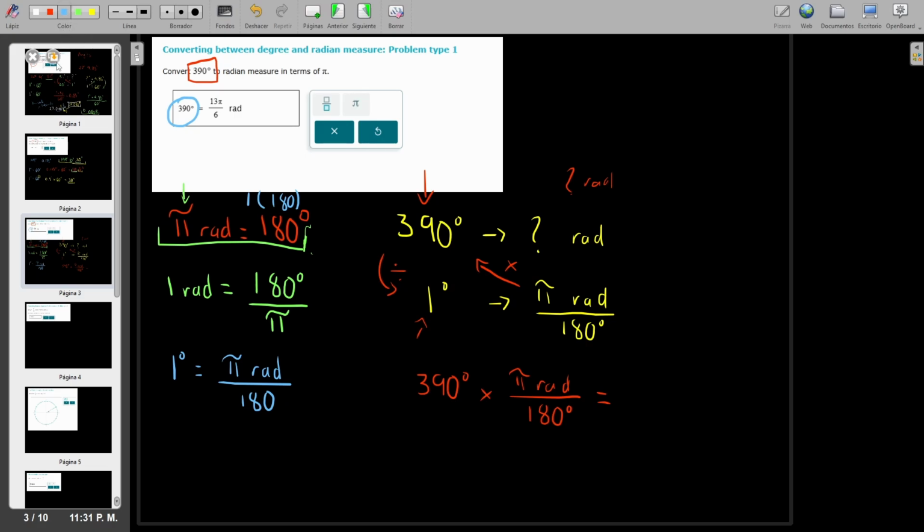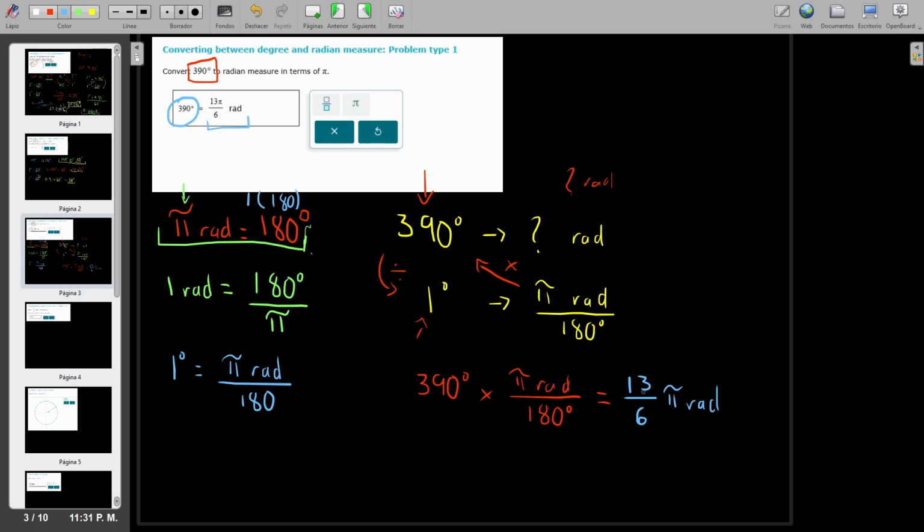In this case, it's going to be 13 over 6 pi radian. This is going to be the value. As you can see, this is the correct answer.